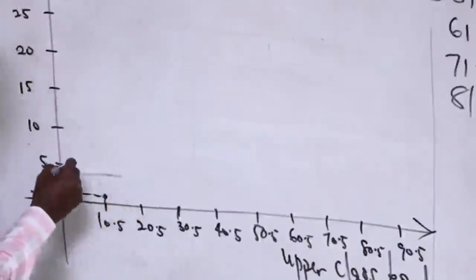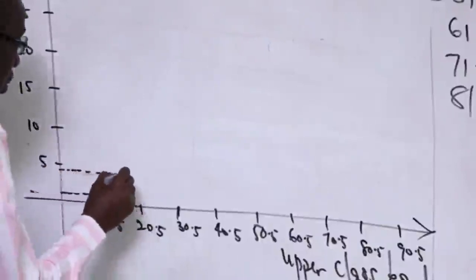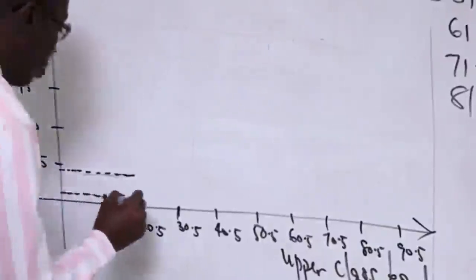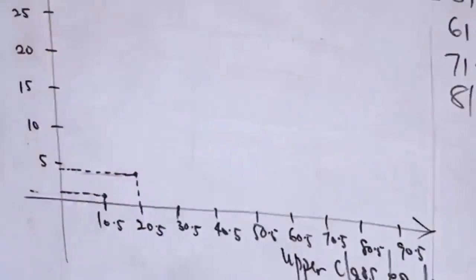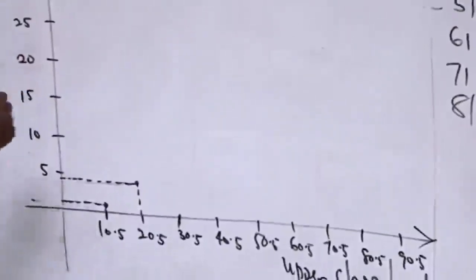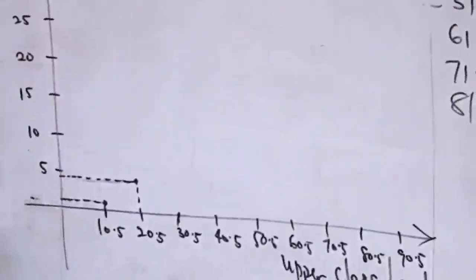Are we together? Yes. 2 O's down, and it will be landing on 20.5. Okay? The next one is 20.5 to 30.5, which is 9. 9 is 2 O's down from 10.